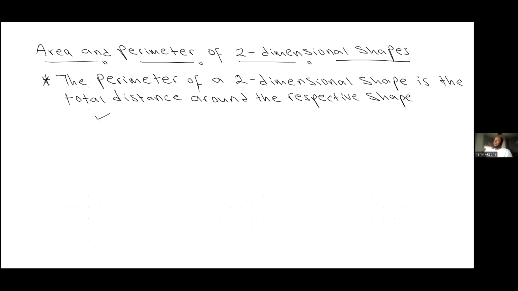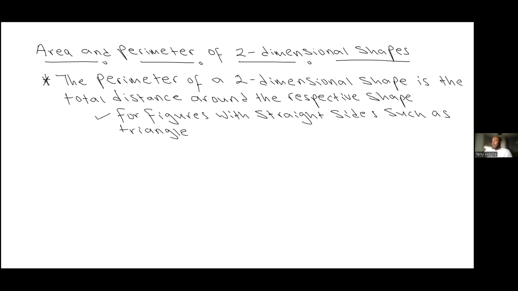So for figures with straight sides, such as triangle, another one is rectangle, let's say square, and a common one could be a polygon, okay?